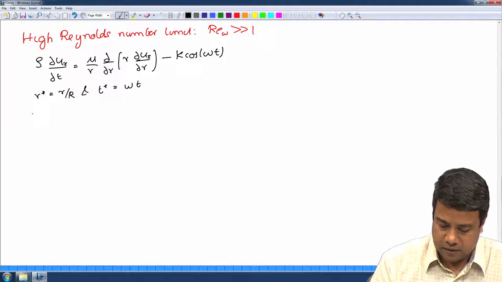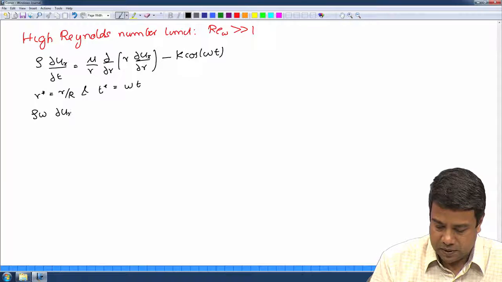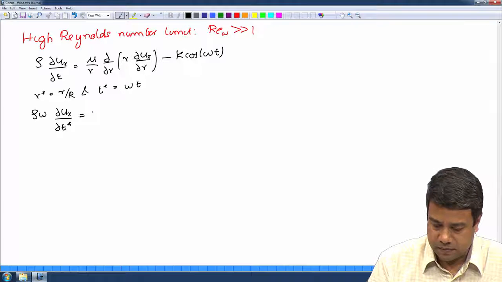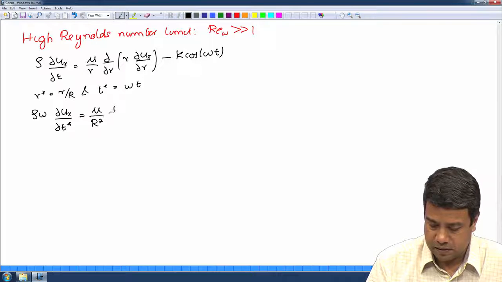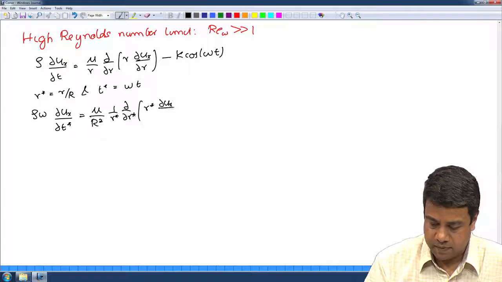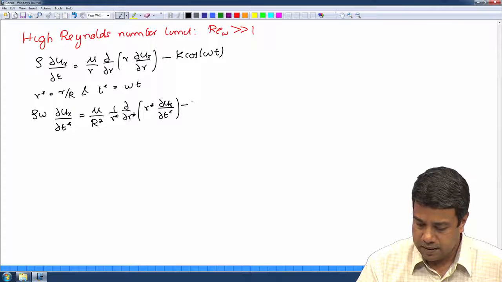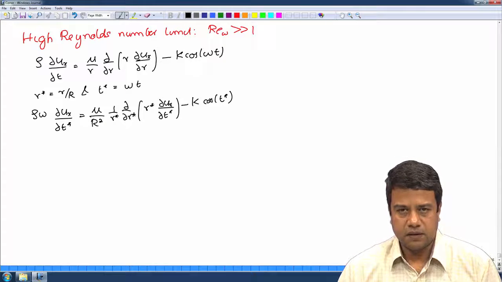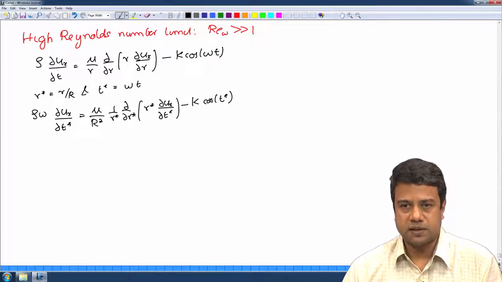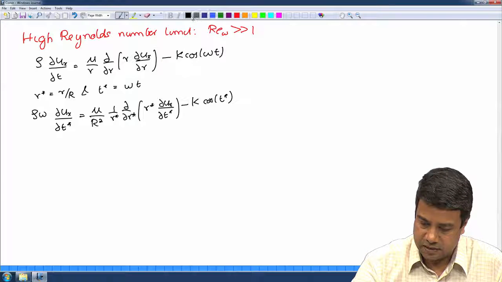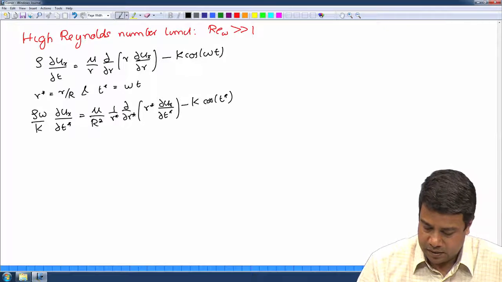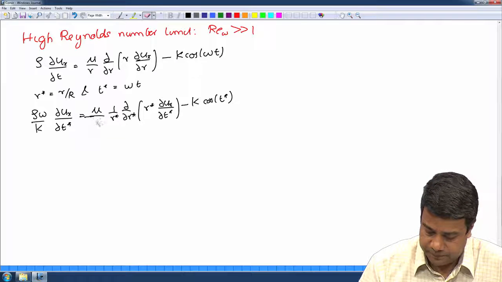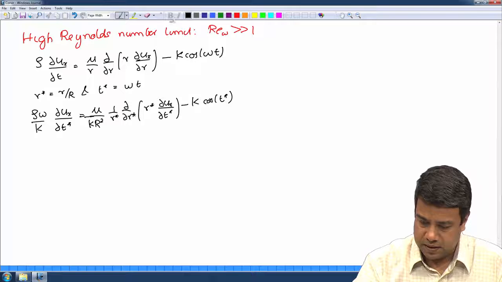With that I had got rho omega times partial ux by partial t star equal to mu by R squared times the radial term, minus k cos t star. I had divided this equation throughout by k, so that the inhomogeneous term became dimensionless. And I have a k in the denominator here, and this k here disappears.